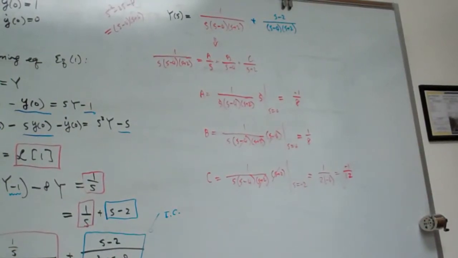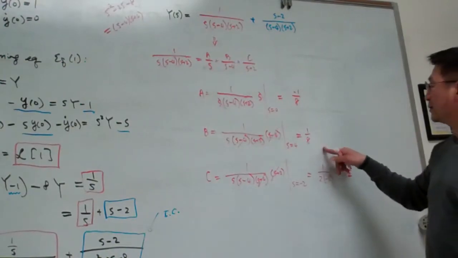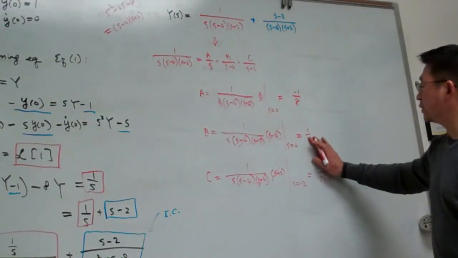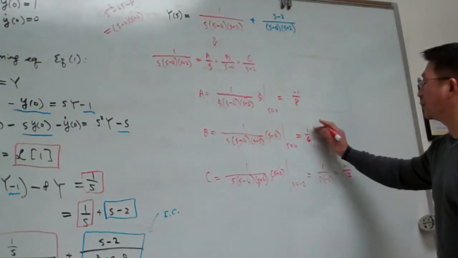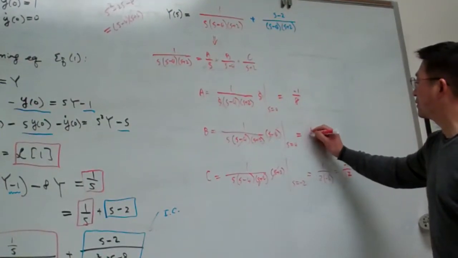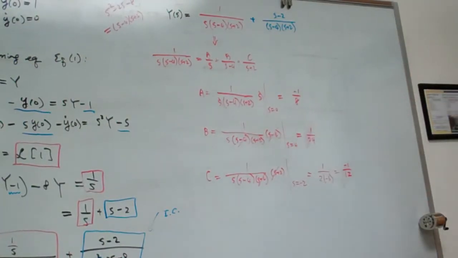Okay? Is B right? B should be 1/24. Huh? 1 over 24? Yeah, because you get 4 times 6. Yes, thank you. I knew it.